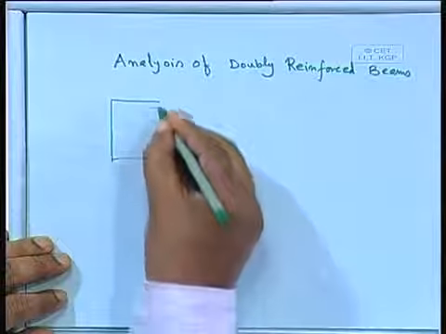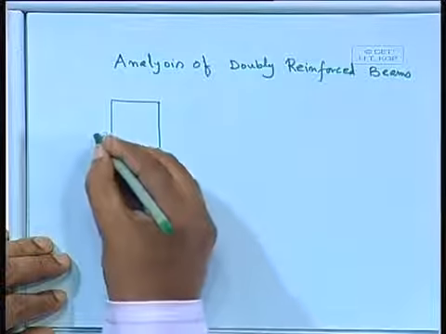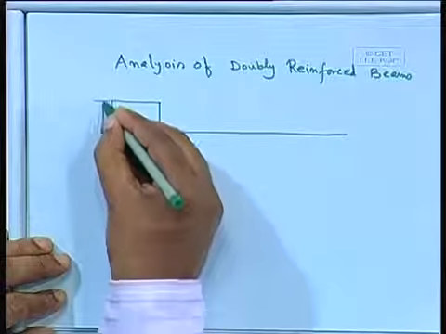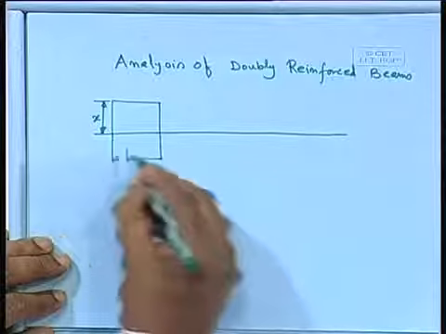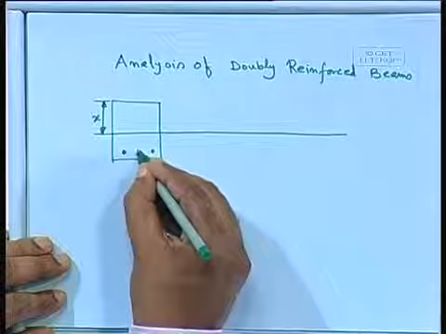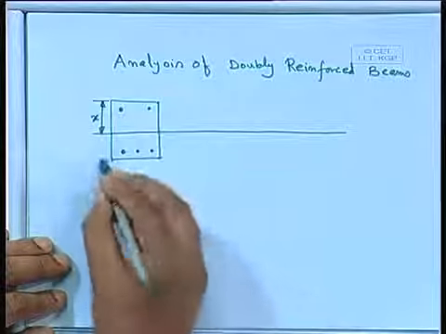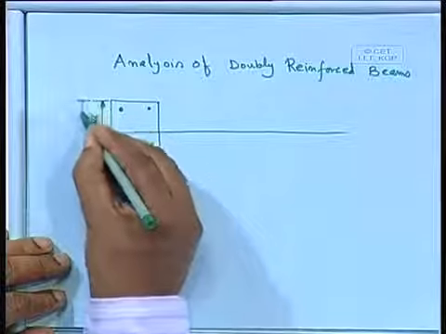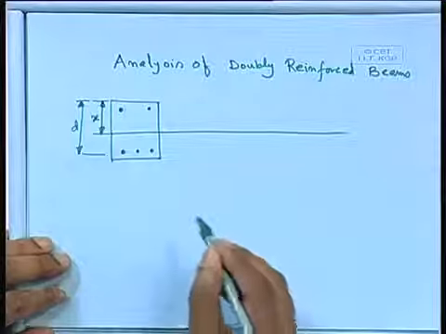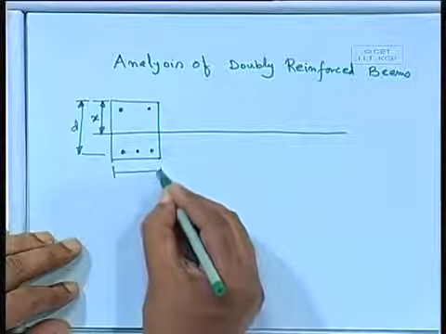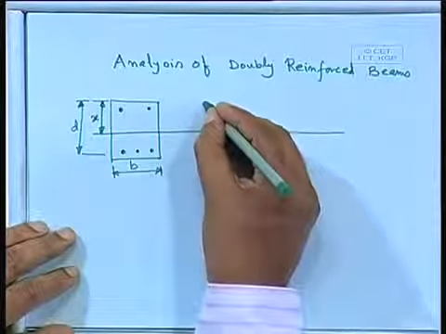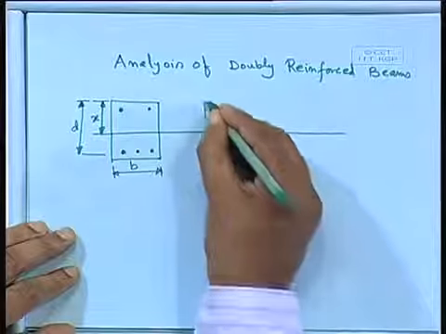We have a section and we have a neutral axis. The effective depth d, width b, stress strain curve, let us draw.